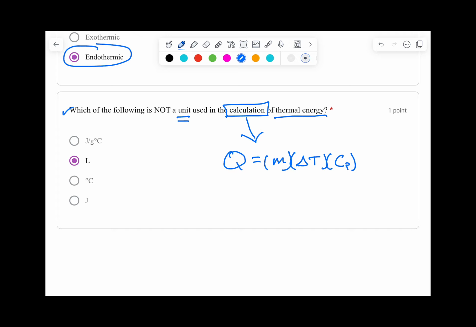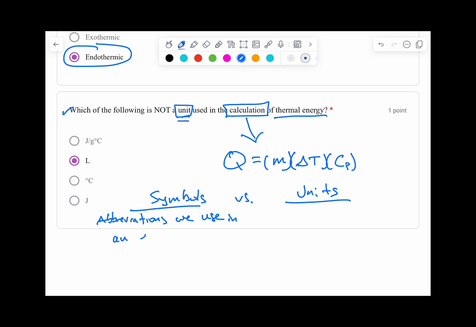So if we are looking at this, one of the things you have to understand is the difference between symbols versus units. That's the first thing. So symbols are abbreviations we use in an equation. So if this is our equation right here, and it is, that's our equation for thermal energy, each one of the things in here is a symbol.